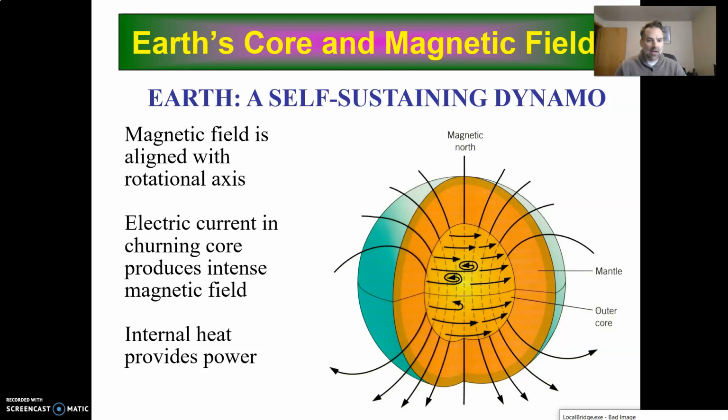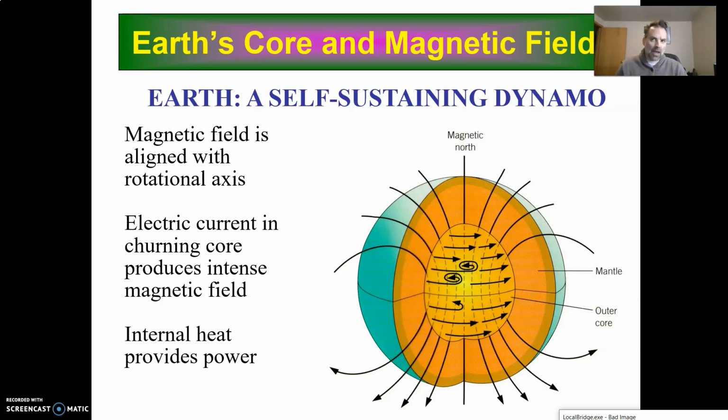Obviously, I talked about plate tectonics throughout the semester, and what causes these plates to move is this internal heat. This is mainly from radioactive decay of materials. If we lost heat, our engine, the tectonics, everything would shut down.